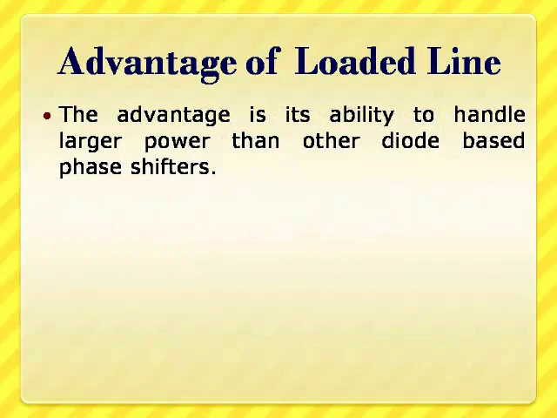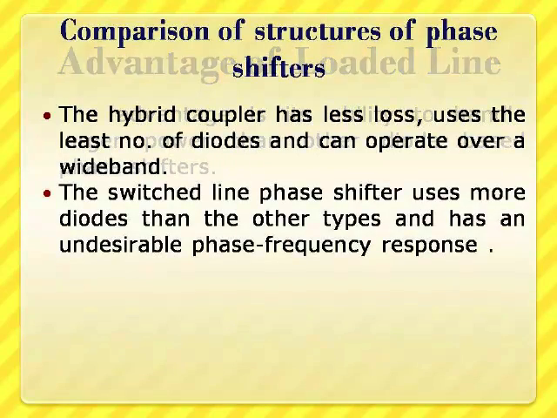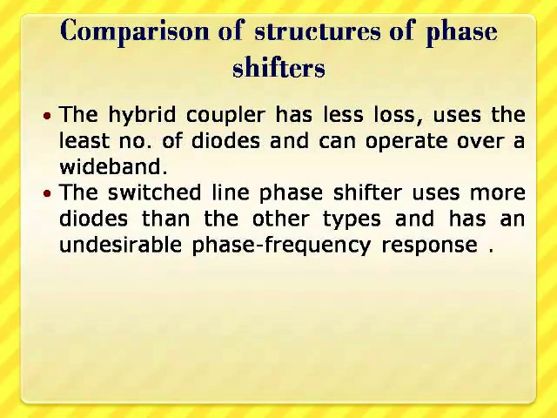What are the advantages? The advantage is its ability to handle larger power than other diode based phase shifters. Let us have a comparison of these different types of structures to get the phase shift. The hybrid coupler has less loss, uses the least number of diodes and can operate over a wide band.